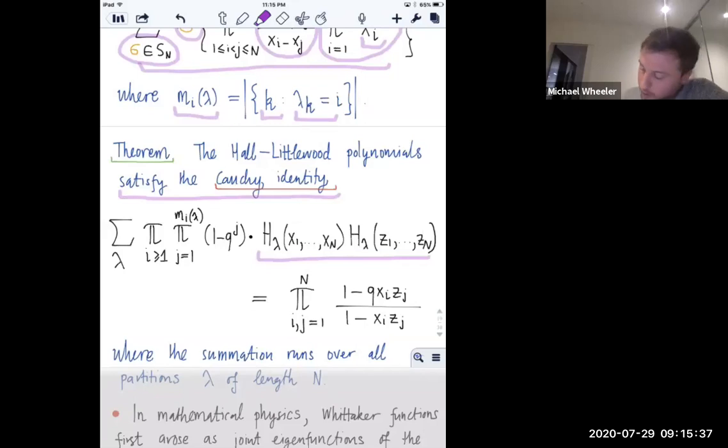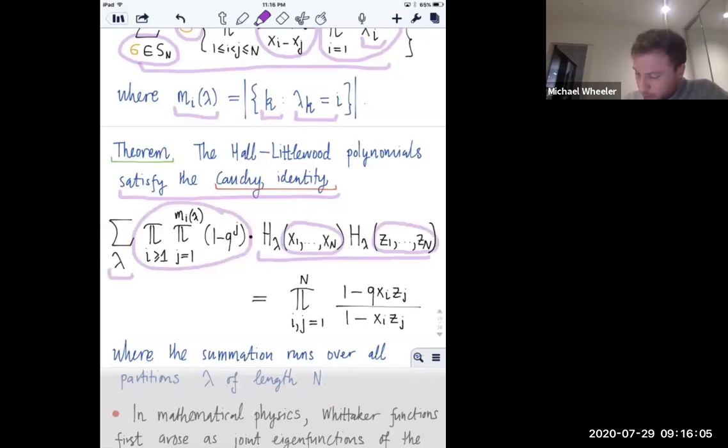Here I'm using x for the first alphabet, and for the second alphabet, I've chosen to use z's because y's are already in use and I don't want to touch them. So we take a product of two Hall-Littlewood polynomials and we multiply by some overall factor, which is not too important, and we sum over all partitions lambda.